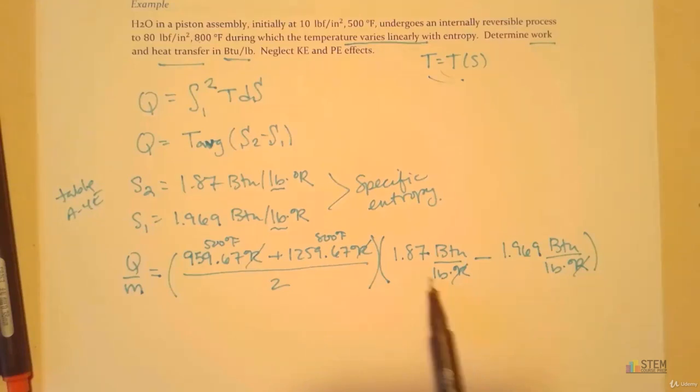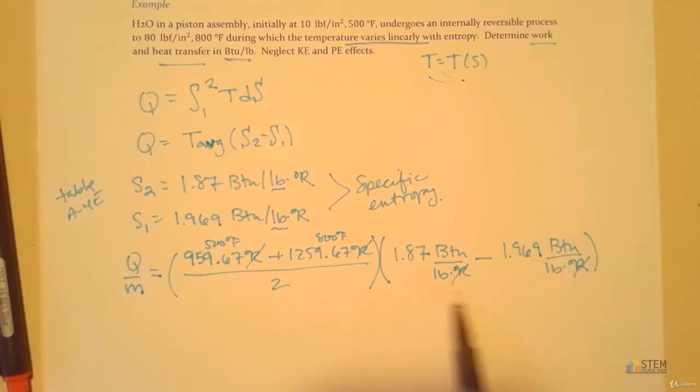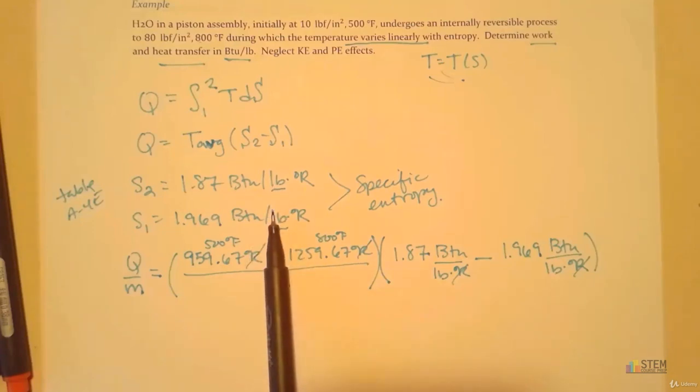Okay, so if you use specific entropy here when you do the difference in S, what you get is Q over M, and that's what we were wanting because we want BTU per pound. All right, and we had to do it that way because we don't know the mass, so we had no way of converting these to regular entropy, right?